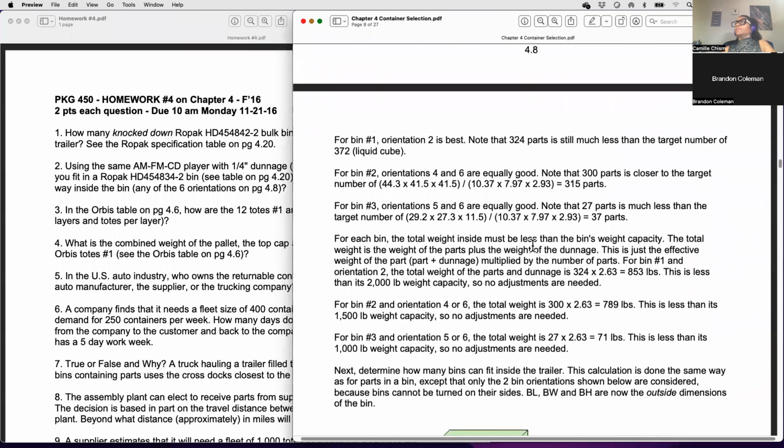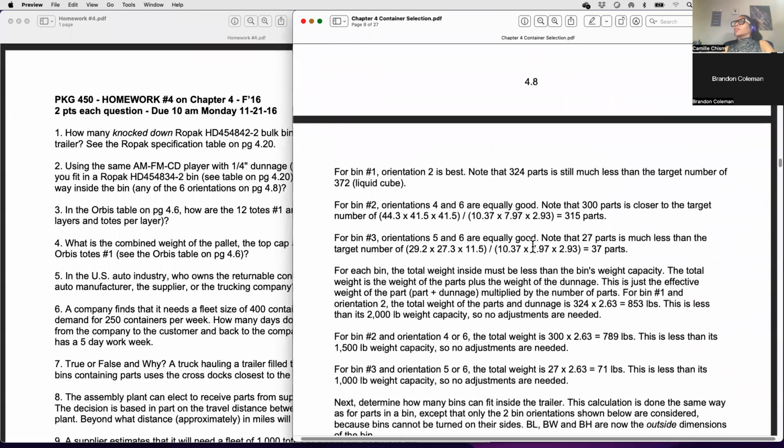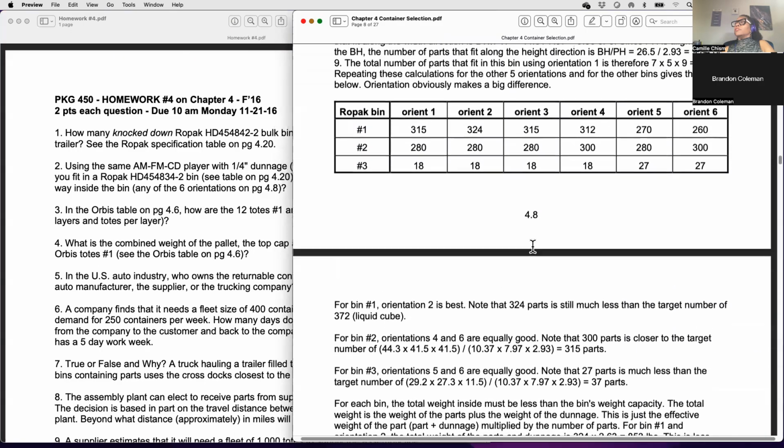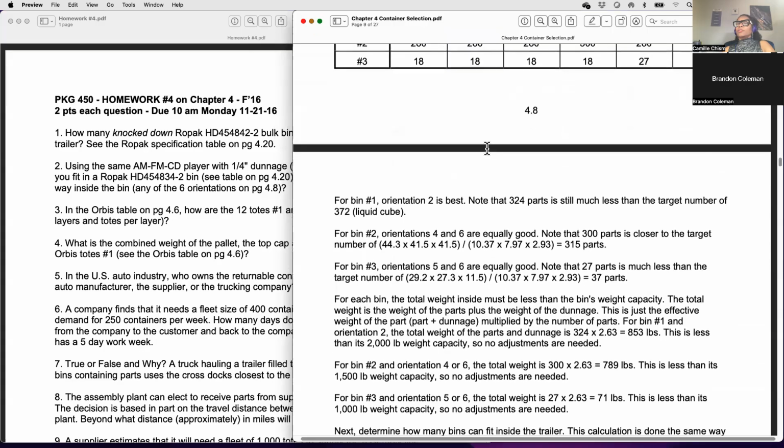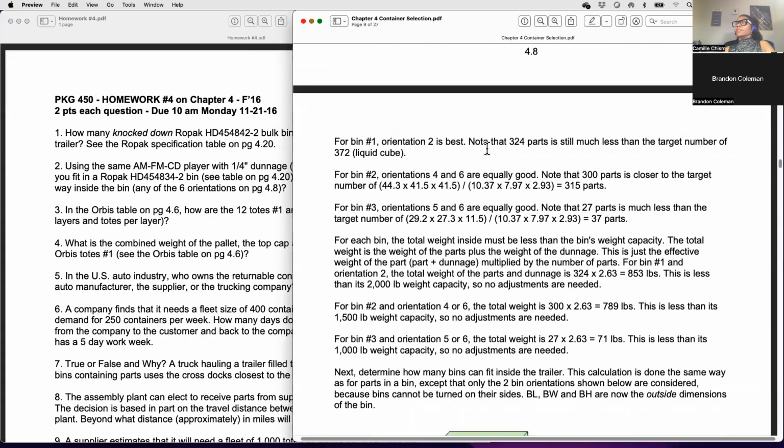Okay, so when you look at bin number 2 and you do the calculations, you see you can get 300. So still better than the third one, obviously, but not as good as your liquid cube of 372.